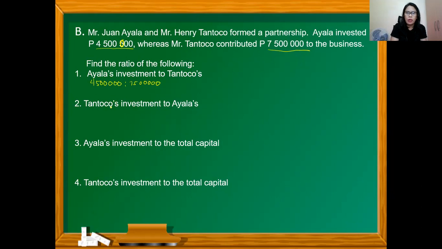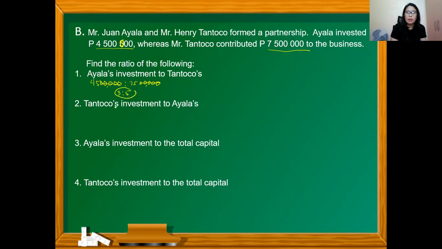Maybe we can cancel the five zeros here. So we have 45 and 75. And obviously their greatest common factor is 15. As we divide both by 15, for 45 we come up with 3, which is to 5.